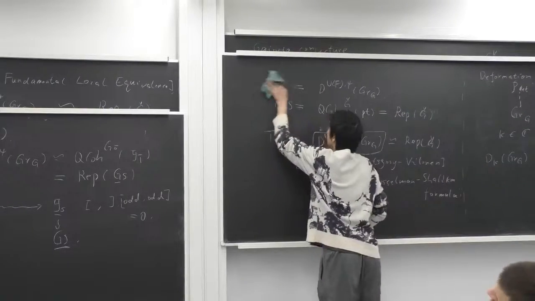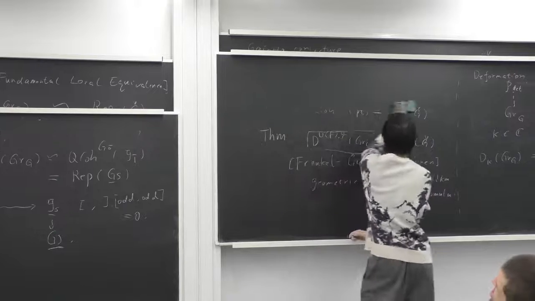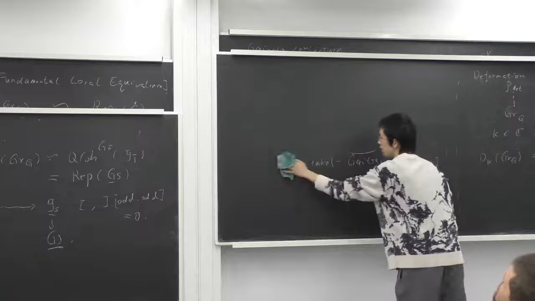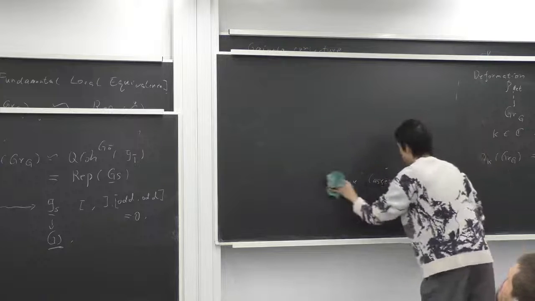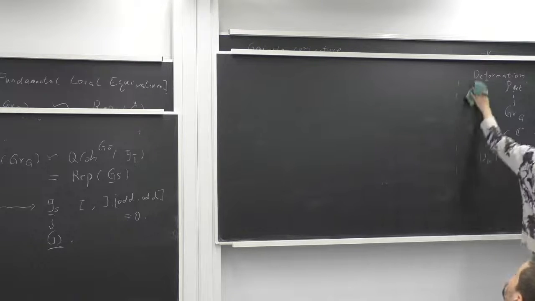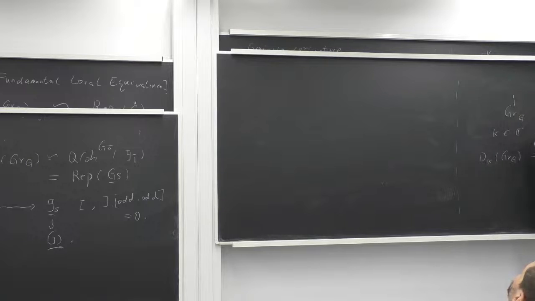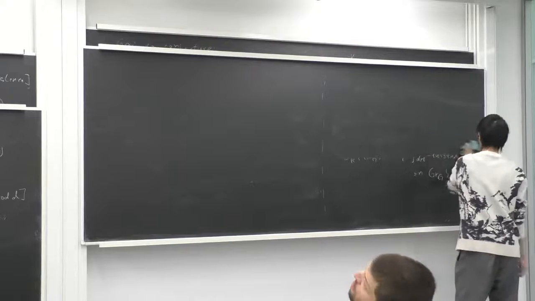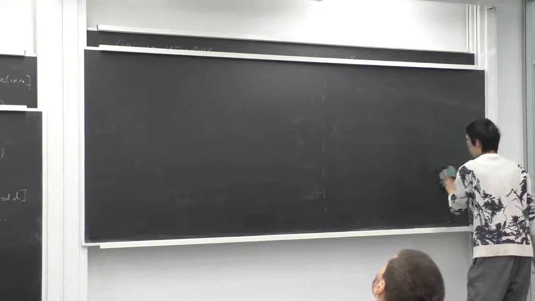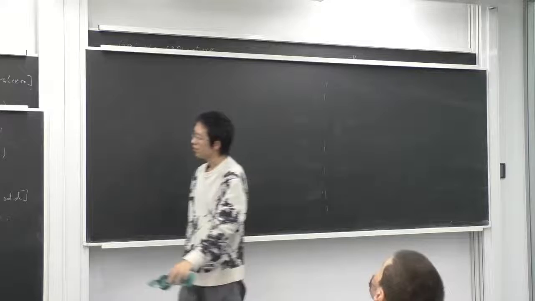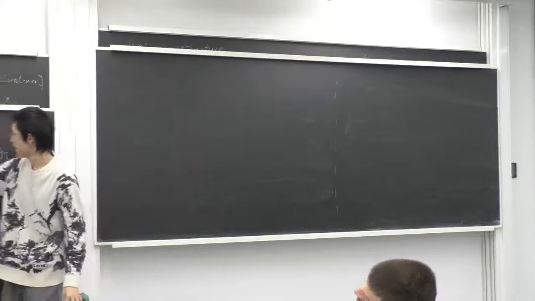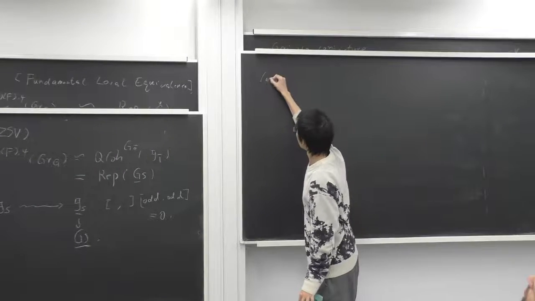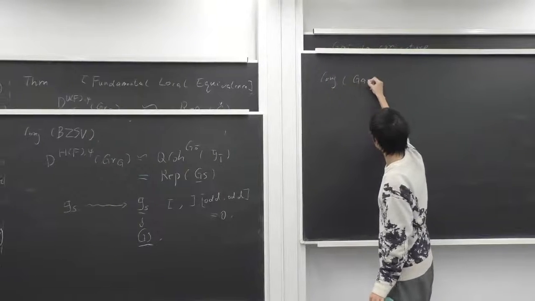The Gaiotto conjecture just corresponds to this BZSV conjecture when we consider the quantum analog. The quantum analog here: on the left side, you deform it, and on the right side, you also deform it. The left side is the conjecture of Gaiotto.